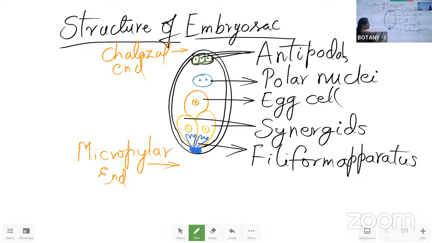Now we have to give the complete description of this embryo sac. So once we have seen the embryo sac like this, now we have to go with the descriptive part.